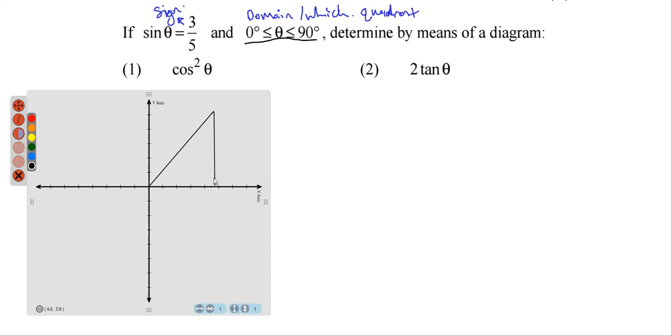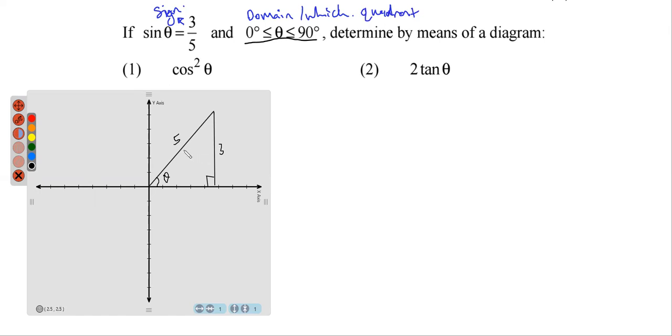In this case, you can see that this is our 90, and here we have our angle theta. And on this side, we have 5. That's our r. Then we also have the opposite, which is 3. So now we need to look for the x.